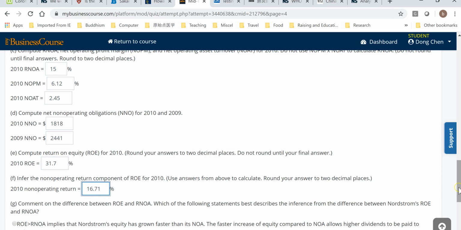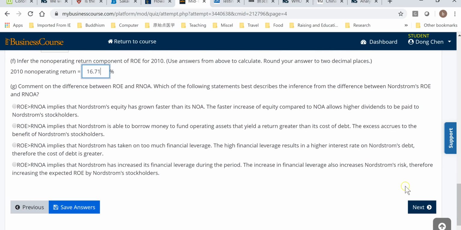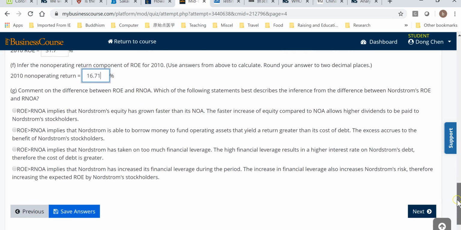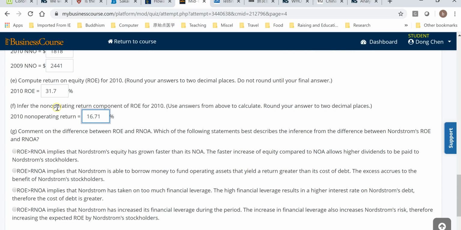16.71%. So the final part, comment on the difference between ROE and RNOA. In this case, the ROE is 31.7% and RNOA is only 16.71%. So that means that the non-operating part of the firm is also generating a positive return, right?